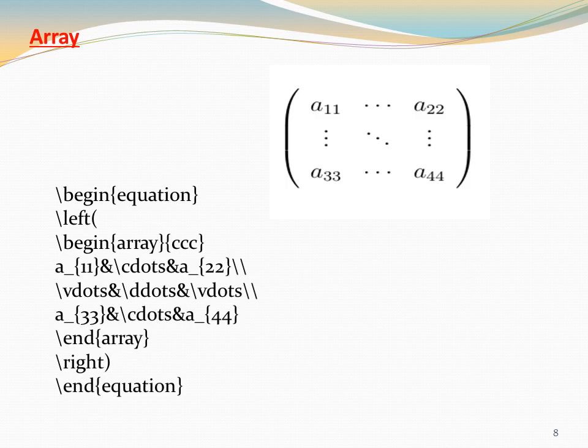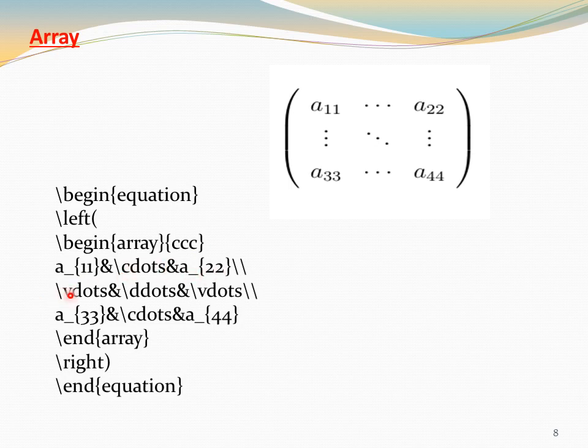Dots in the array. Now we will see how to obtain these dots in the array. So \begin{equation}, then \left with brackets, then \begin{array}. This is one column, this is another column, and this is the third column. So three c's are represented, and the first and second entries are \cdots and the third entry.